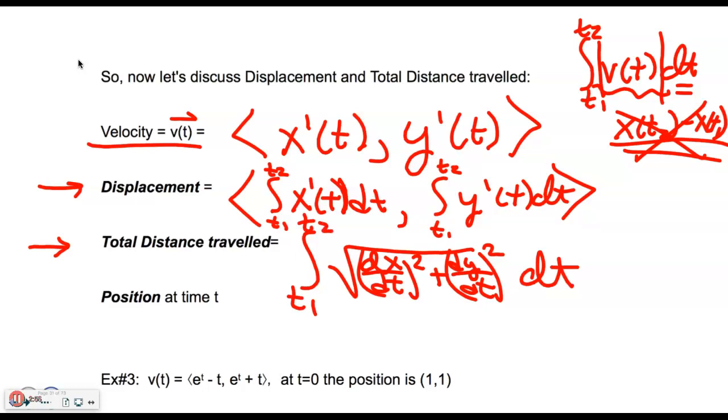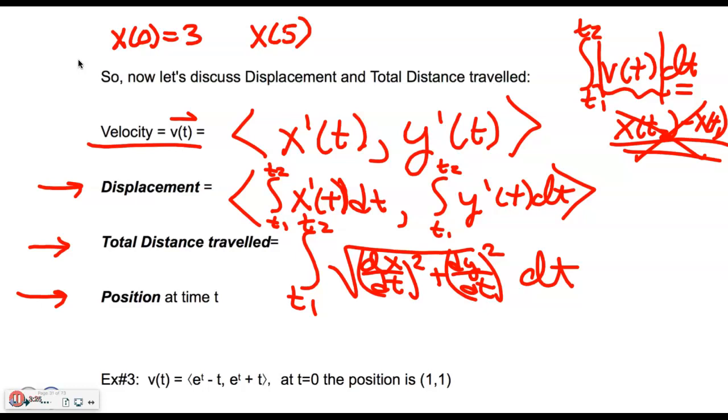So although it looks a lot different and it looks really kind of complicated to a casual observer, you guys aren't casual observers. That should make a lot of sense to you, right? Same with your position at time t. So in Calc 1, we said that you're currently moving along the x-axis. X of 0 is equal to 3. And it would say find x of 5. Do you remember how you would do that?